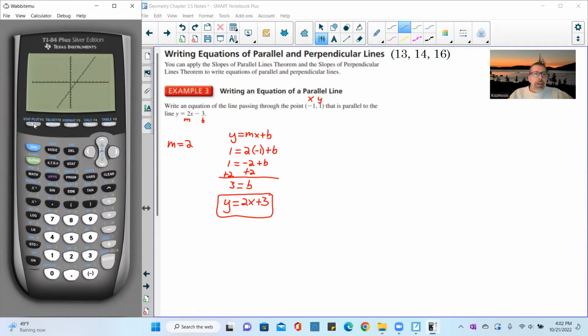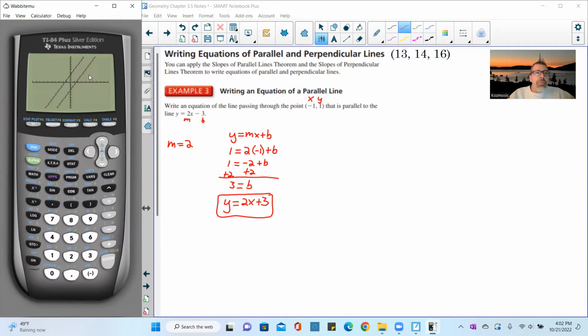So I'm going to graph that. Y equals 2x plus 3. Graph it. And there's the line above. This is the equation of the line that we came up with here. Y-intercept of 3, same slope 2, and they do look parallel.